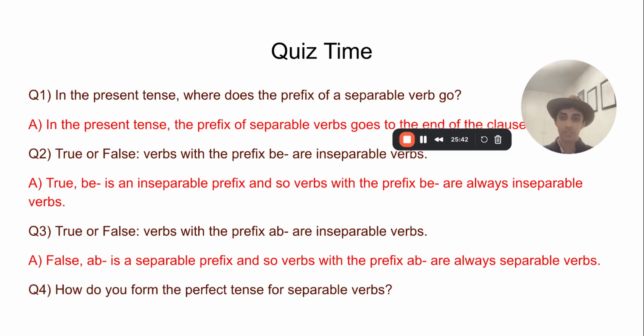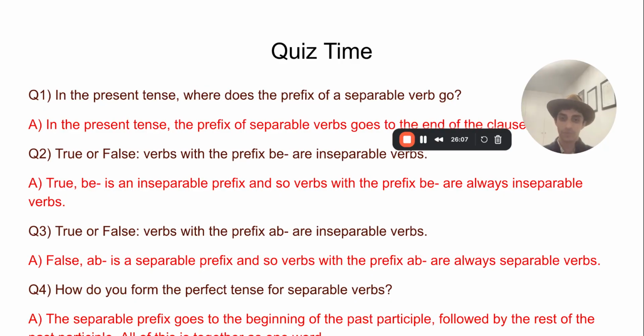And lastly, how do you form the perfect tense for separable verbs? So again, we're asking about separable verbs here. In the perfect tense, how do you form them? A few more seconds to think. Okay, here comes the answer.